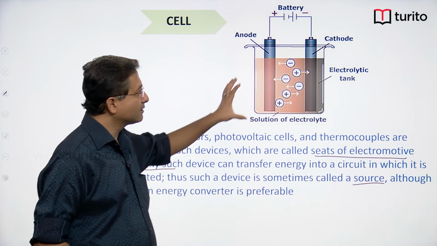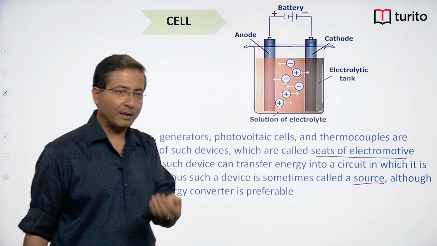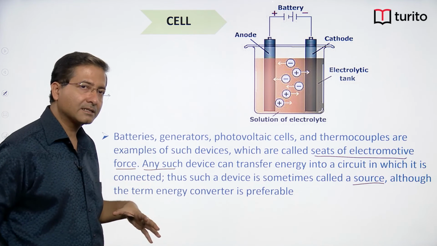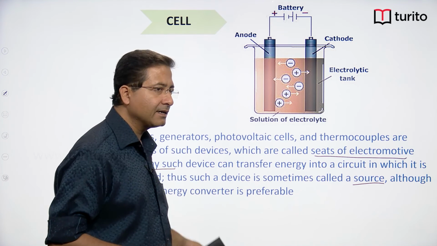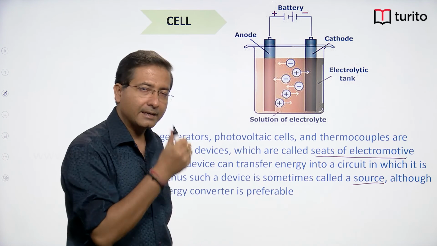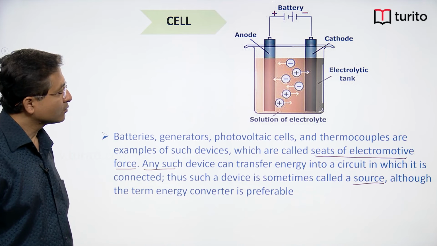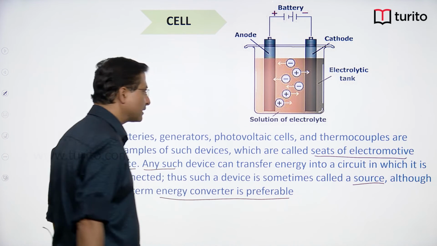Ultimately this is the source which will be connected to a passive circuit and will deliver the current. The cell converts chemical energy to electrical energy. If you use a generator, mechanical energy is converted into electrical energy.